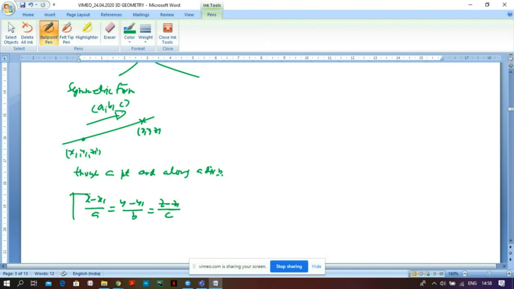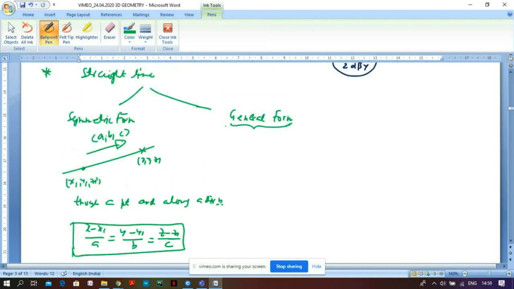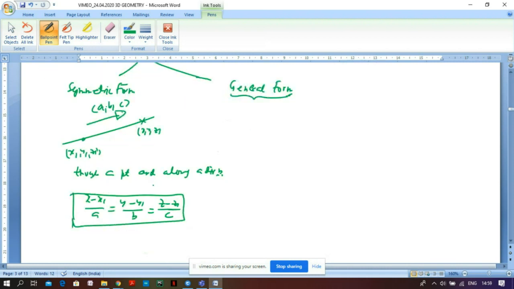This is called the equation of a line in symmetric form, meaning a line passing through the point x1, y1, z1 and parallel to, or in the direction of, the line with direction ratios a, b, and c. We can also give a general form, which sometimes looks quite bad because it's a big equation. Here the line was given as a line passing through a point in a given direction, that is, parallel to a given line.